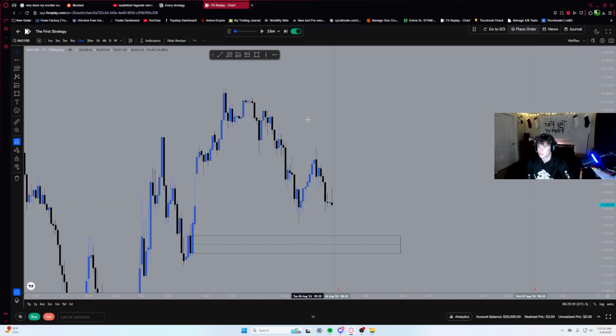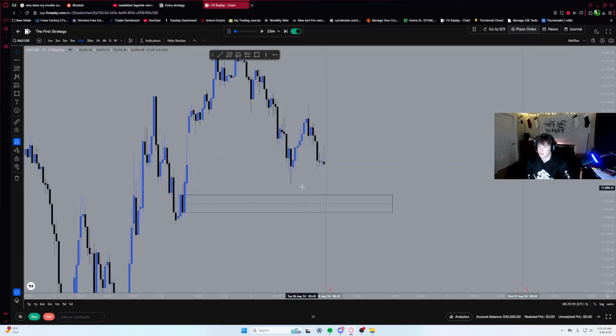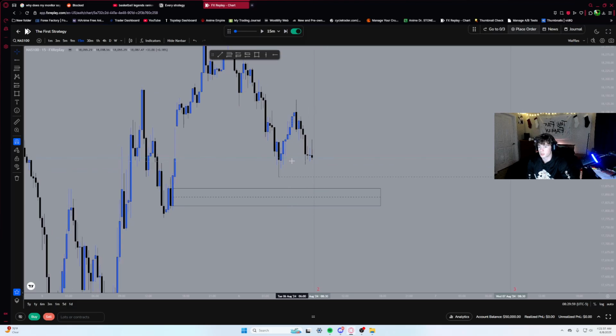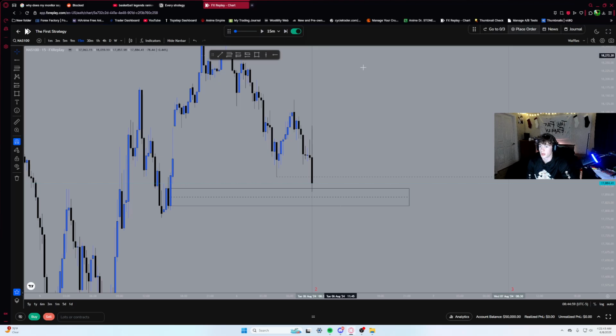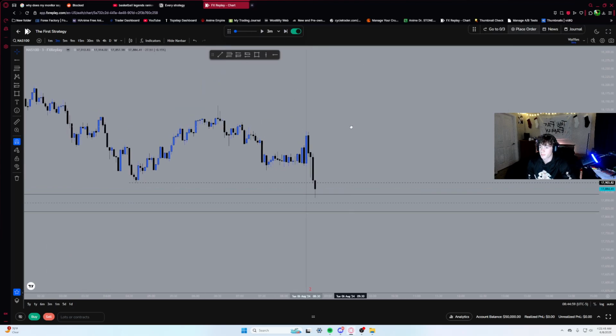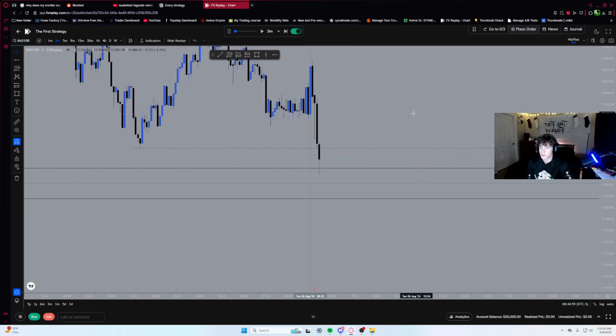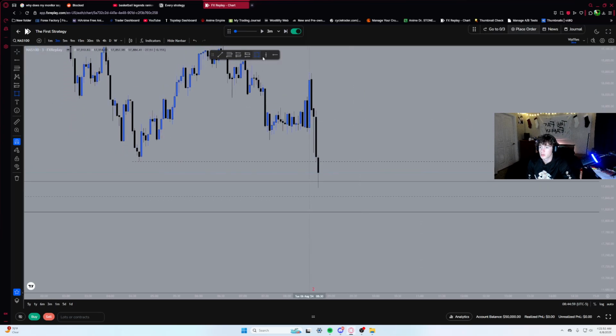That's fine. And if we sweep this low, specifically sweep it, I'm looking for an entry. Here we go. All right, we broke structure. We retraced to this area first. That means I want to look for an order block retracement right here.